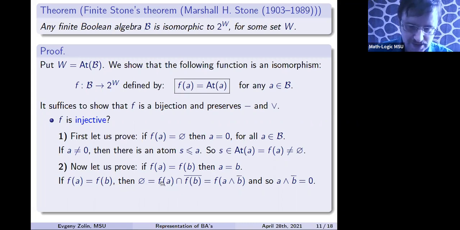But then, since f preserves intersection, union, complement, we can rewrite like this. And so we have f of some element is empty. By item 1, we obtain that A intersection not B is 0. And by definition of inequality, we obtain that A is less than B. Similarly, we can show that B is less than A, and so A is equal to B.